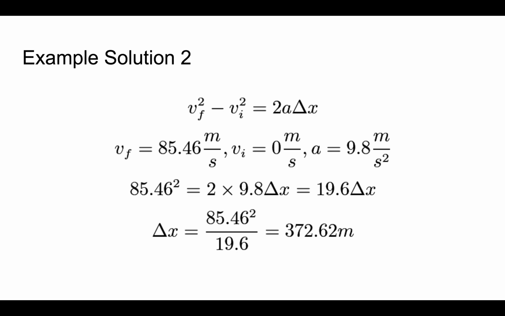And I said earlier that the Empire State Building is 373 meters tall, so we got very close to the final answer. And the reason for that small 0.38 discrepancy is that we have rounded in a lot of places here. We rounded the final time we found, and we rounded the velocity, and that causes a small change in the answer we find.